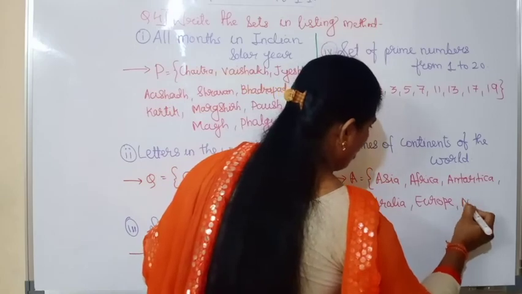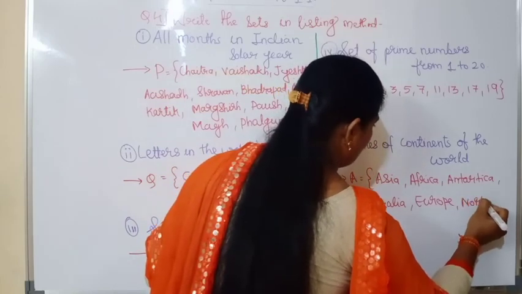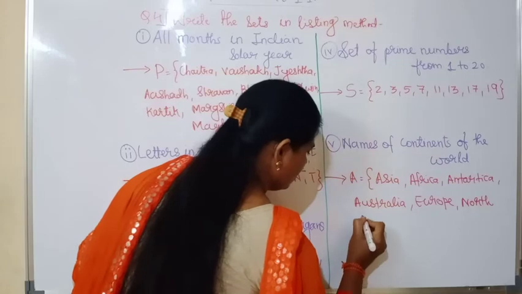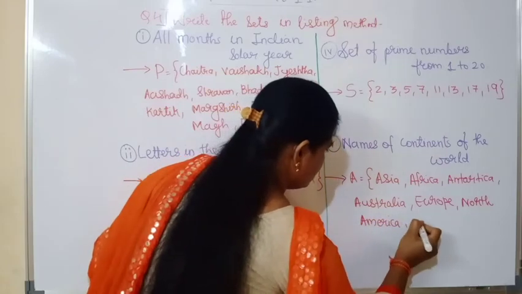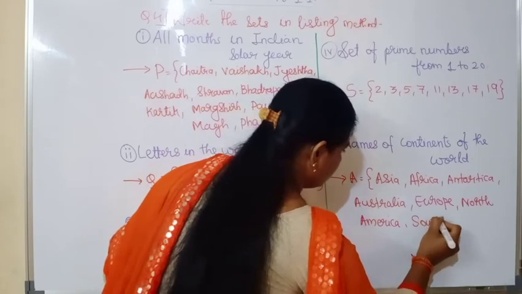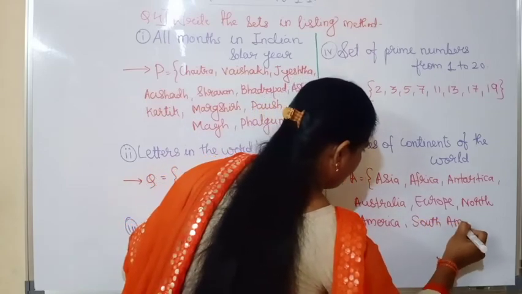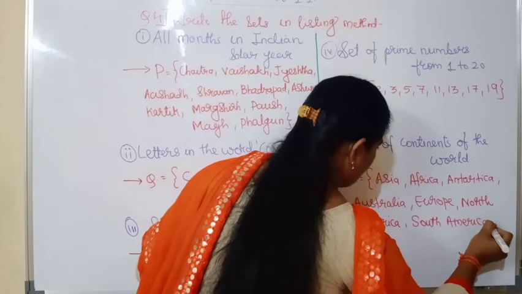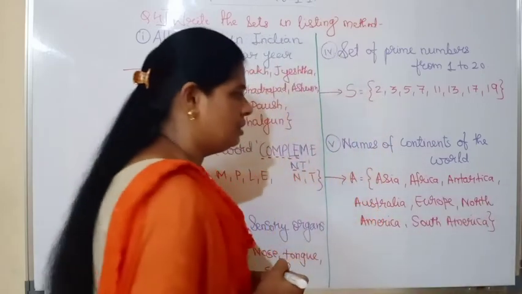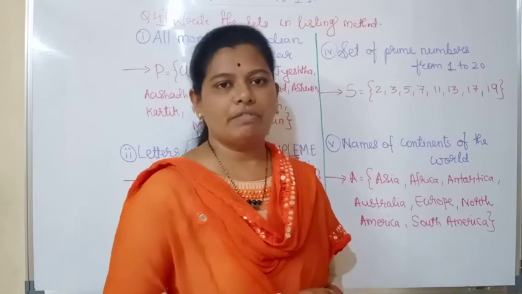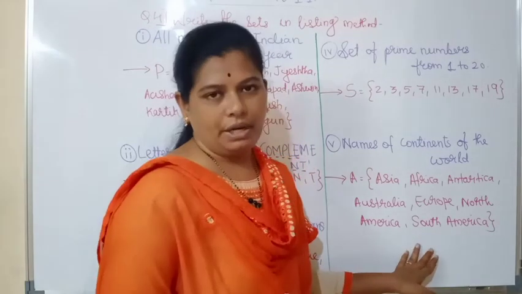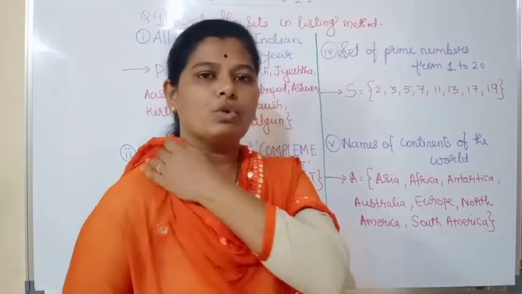That is North America and South America. Okay, so in this way we have completed this set. We have written the names of the 7 continents in our set. So in this way we have completed question number 4.